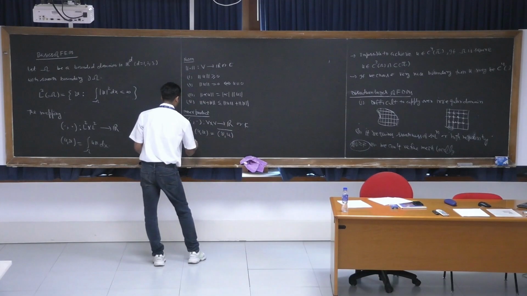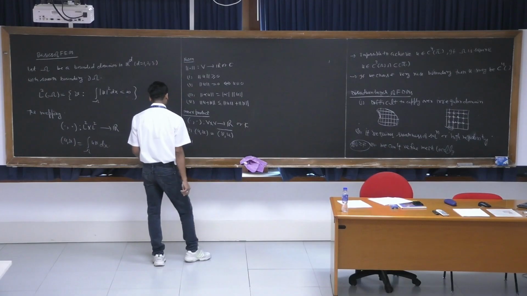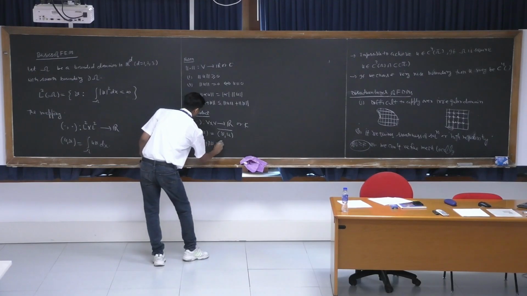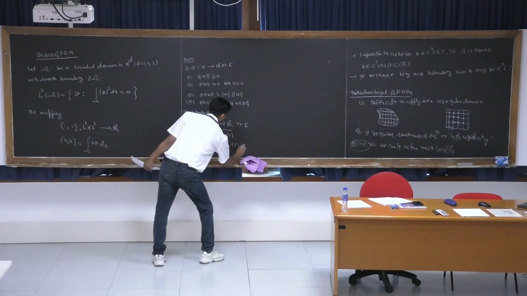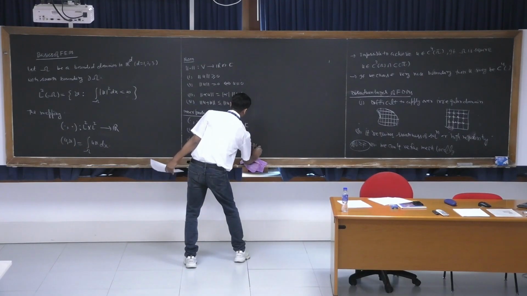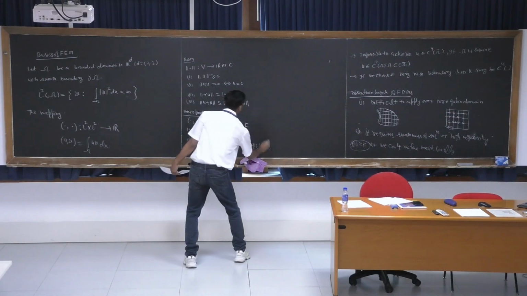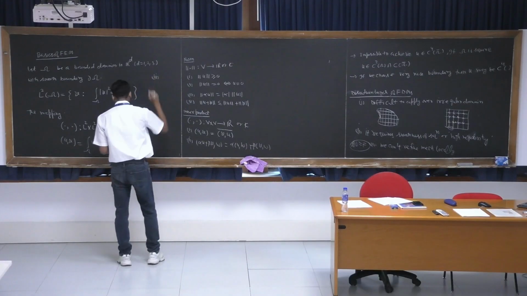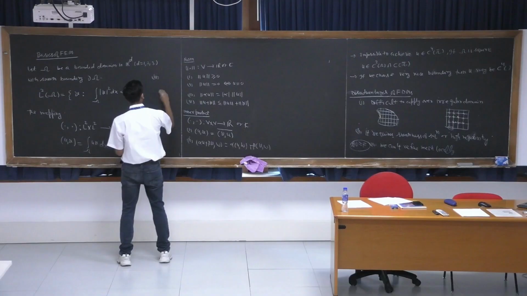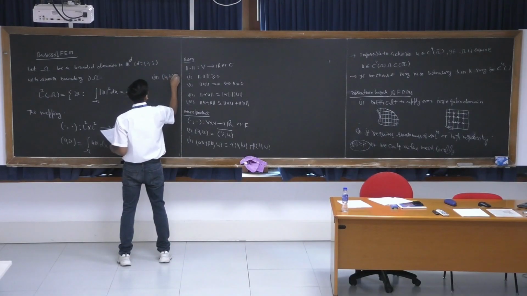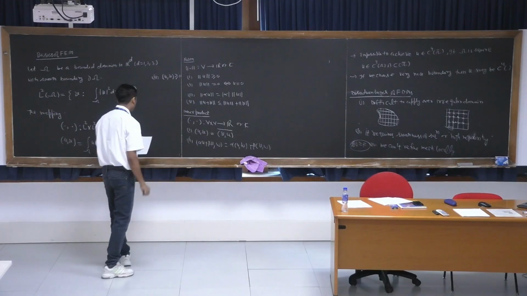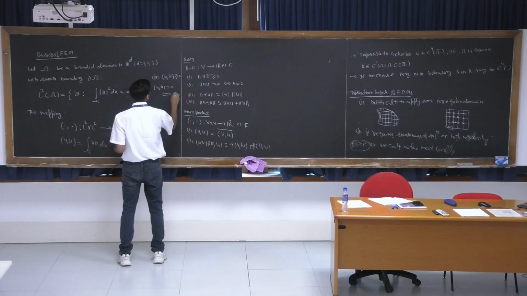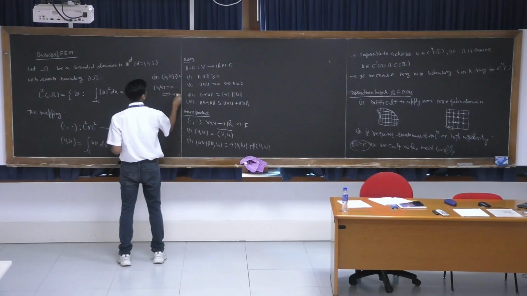The second property is linearity: alpha U plus beta V with W is equal to alpha times UW plus beta times VW. And the third property is positivity: inner product of U and U is greater than or equal to 0, and it is equal to 0 if and only if U is equal to 0.